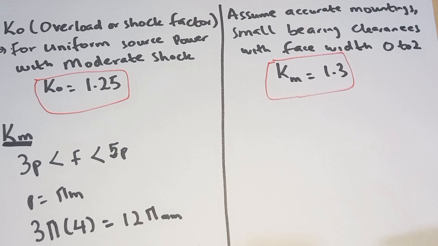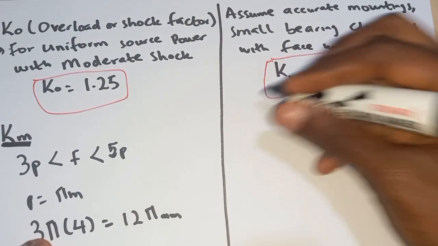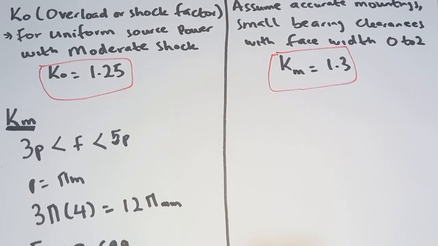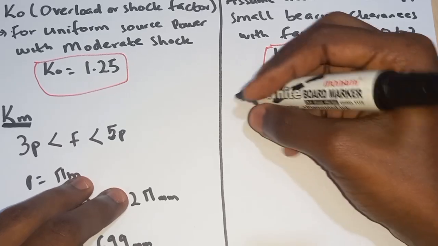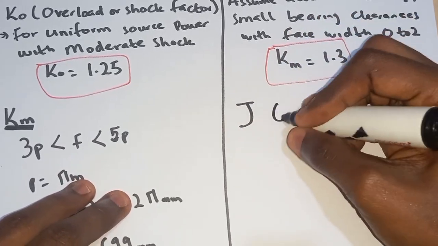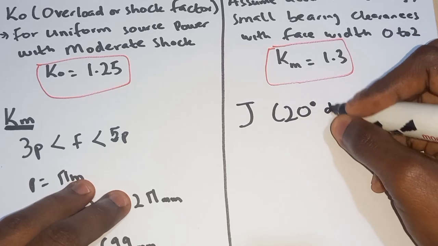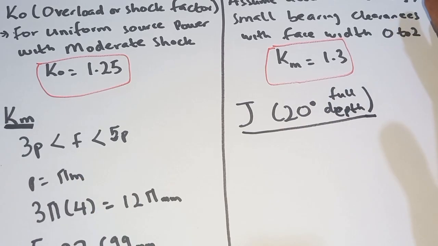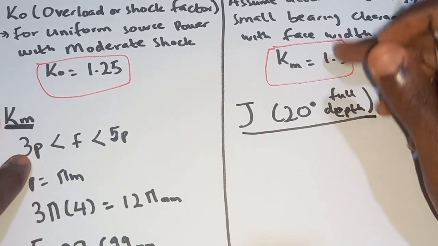So it's now left with the geometric factor. The geometric factor, that's the J. So for the 20 degrees full depth, when we pick the table, we see the driver and the driven.